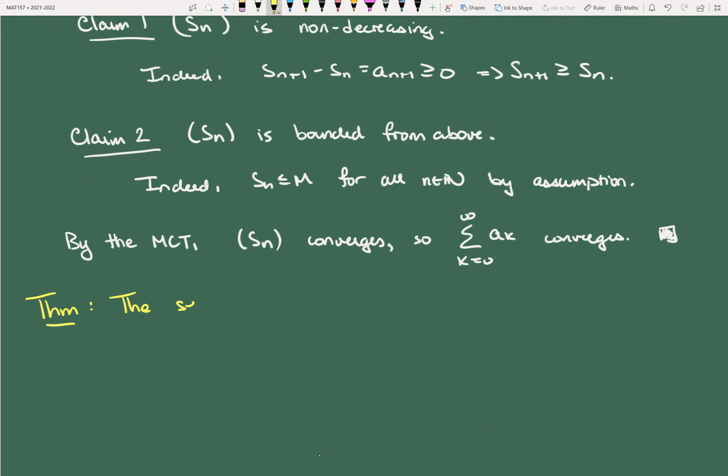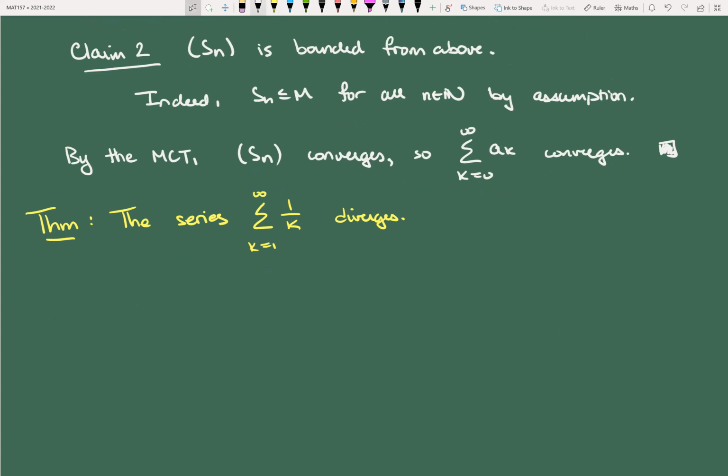So the series diverges. Okay, so our claim is that this is actually infinity. That it is unbounded.